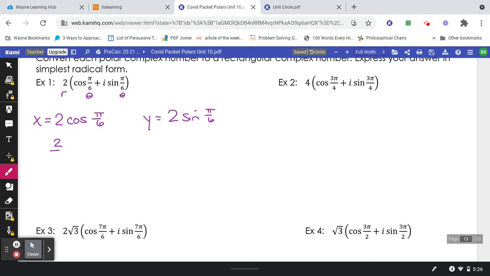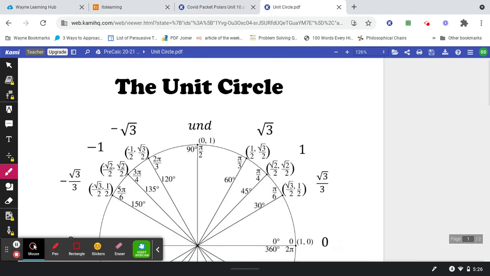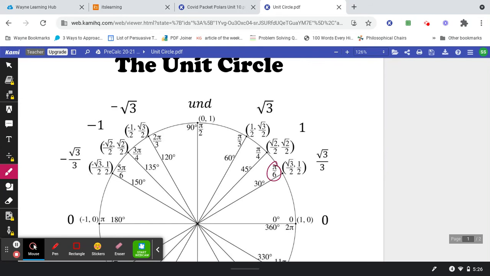2 I'll write as 2 over 1. Cosine of pi over 6, I have to use my unit circle. Pi over 6 is here. So cosine would be the x value, getting me square root of 3 over 2.